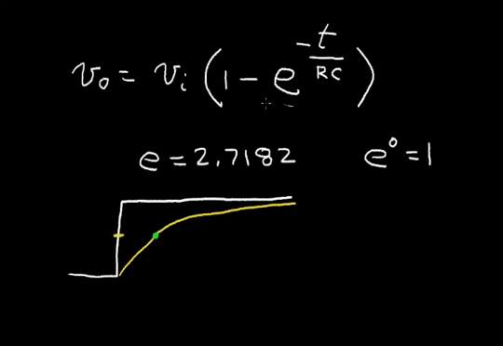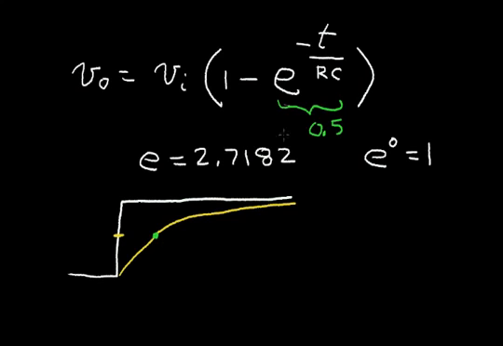Now, when the output voltage is equal to 1/2 the input voltage, this term here will be 0.5. 1 minus 0.5 is a half, times V in gives us a V out of a half.